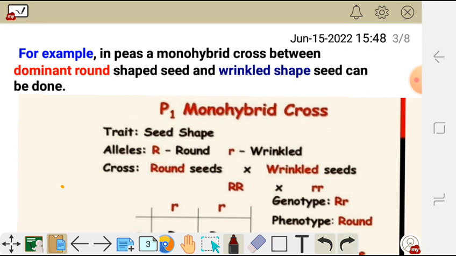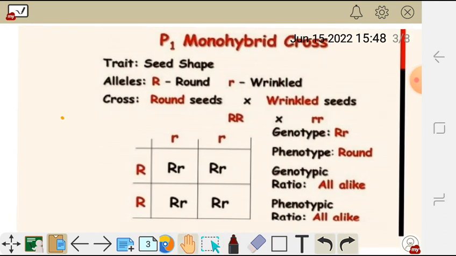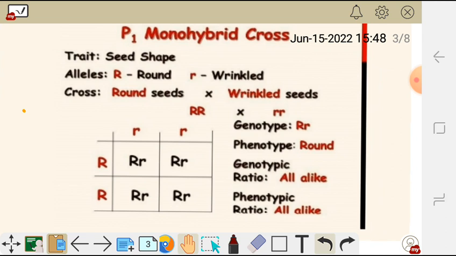For the cross, we are going to cross the round seeds with a wrinkled seed, and the genotypes are homozygous round and homozygous wrinkled. We are going firstly to use a Punnett square, then from there we are going to use a genetic diagram to see how the traits are passed on in a monohybrid cross.